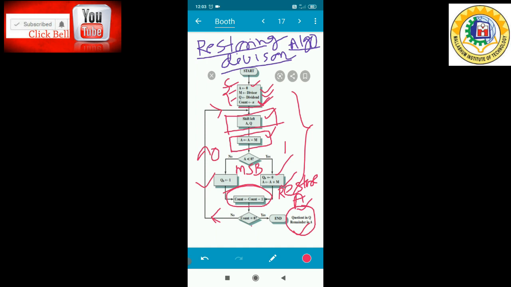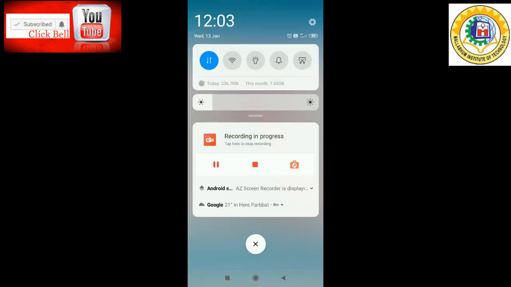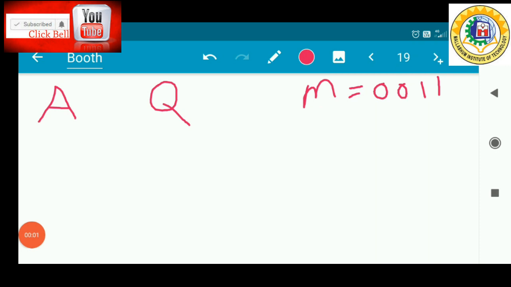Now let's take a practical example to see how this algorithm actually performs, the example of the restoring division algorithm. The flowchart of this algorithm has already been discussed. In the first step I have said that we have to make A equal to 0, Q equal to the dividend, and M equal to the divisor.